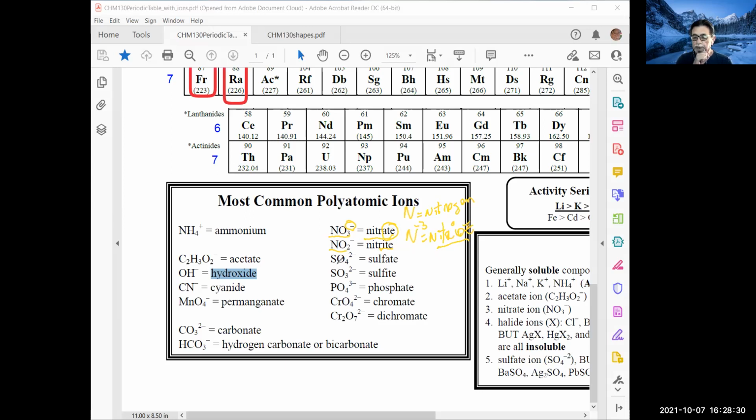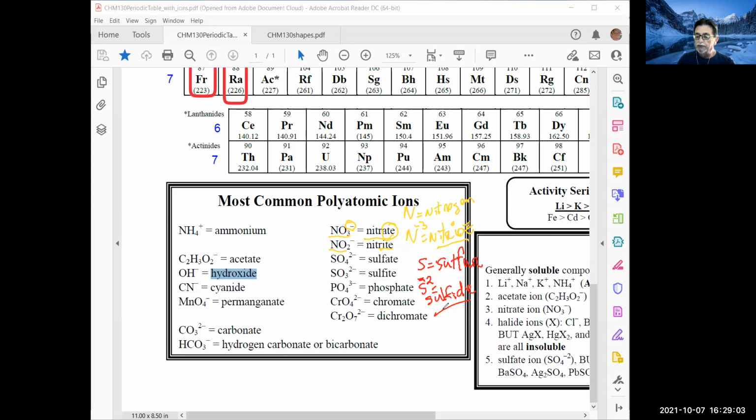Look at sulfur, a similar thing. We have S for sulfur, and it's in group 6. It will pick up 2 electrons and form the sulfide ion, much like the nitride, the single element as an anion.